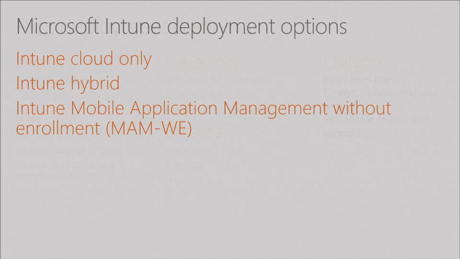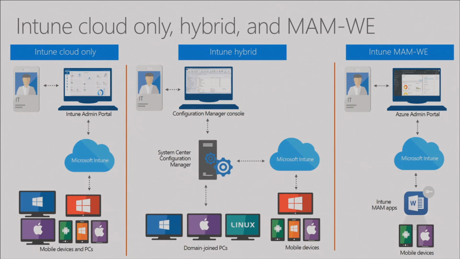So now let's switch gears and talk about the different deployment options. There are 3 different deployment options that we have with Intune: Intune Cloud Only, Intune Hybrid, and Intune MAM Without Enrollment. Let's talk a little bit about each one. All right, so Intune Cloud Only. Like the name sounds, the Intune service is in the cloud.